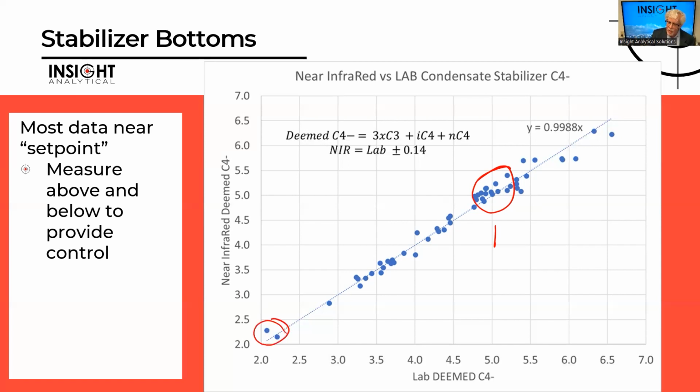So in this case, we had them run as low as 2, as high as about 6.5, because we've got to make sure the analyzer is working well across that linear range, so that we know if I get a reading up here, I have to change something in my stabilizer to bring it back around this point.